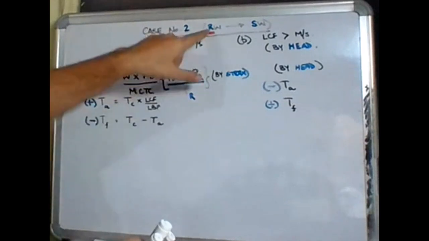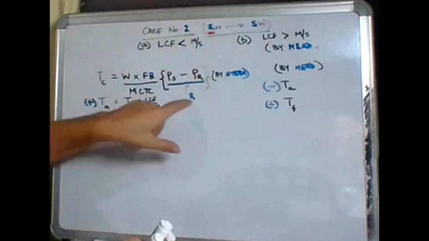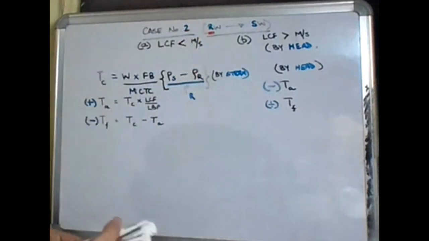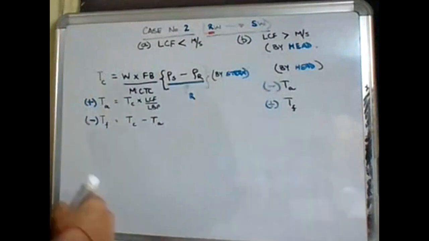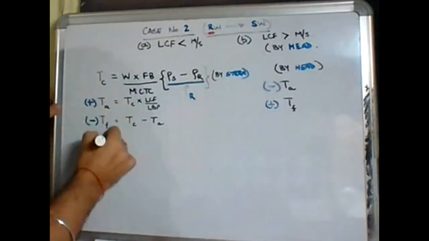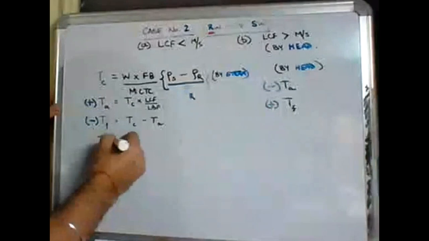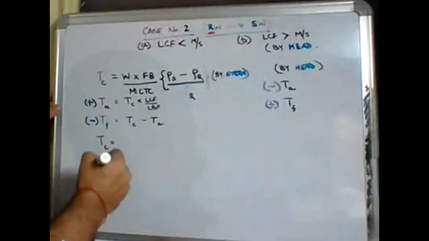Denominator will have a density of R initial. So I now combine case 1A and 2A together and make one formula. TC. This is a combined formula I am writing.